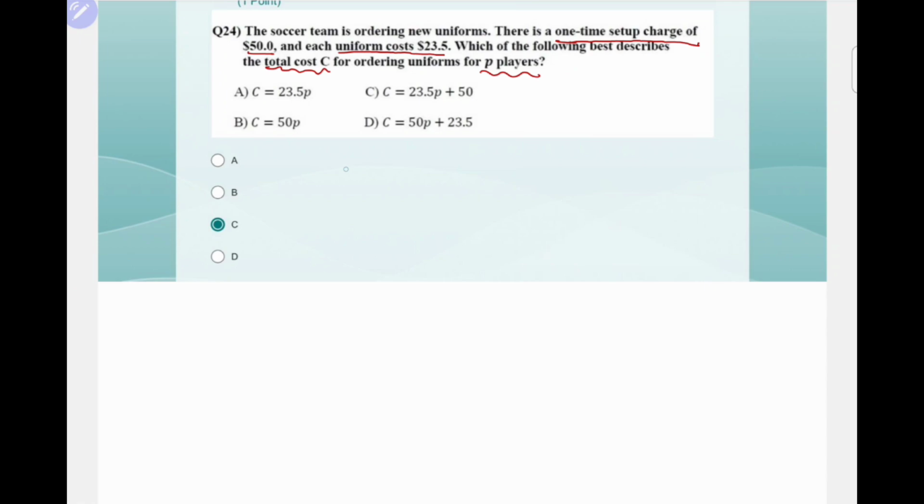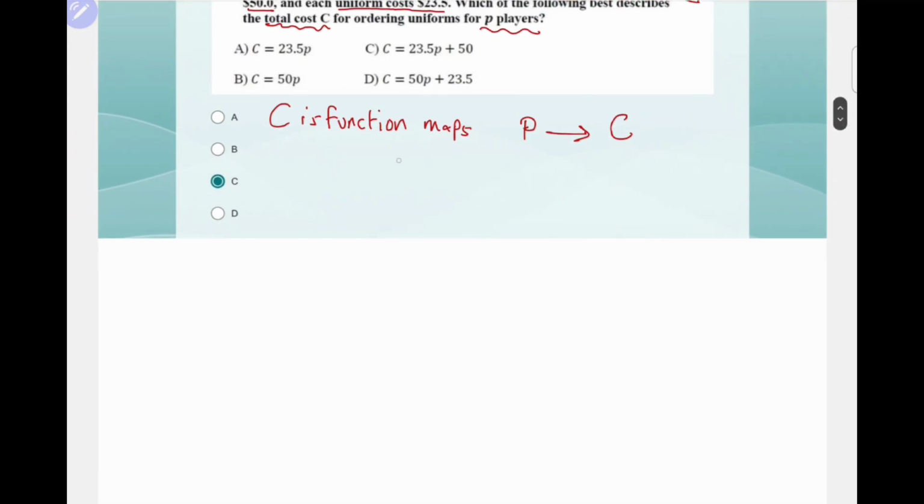So this is a function that maps, so the cost C is a function that maps the number of players P into C. So we can write it as C as a function of P.